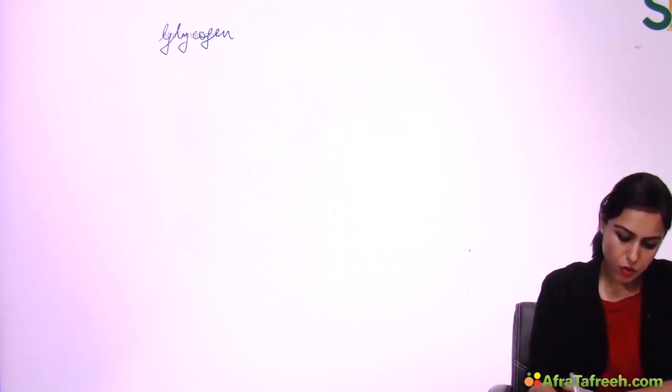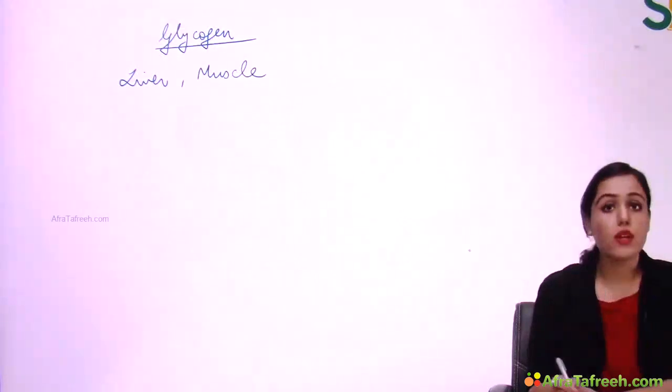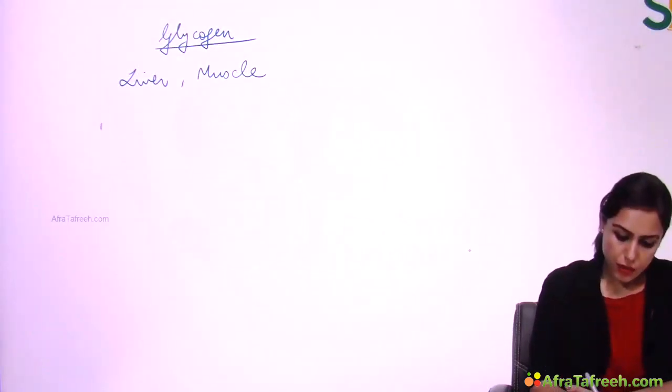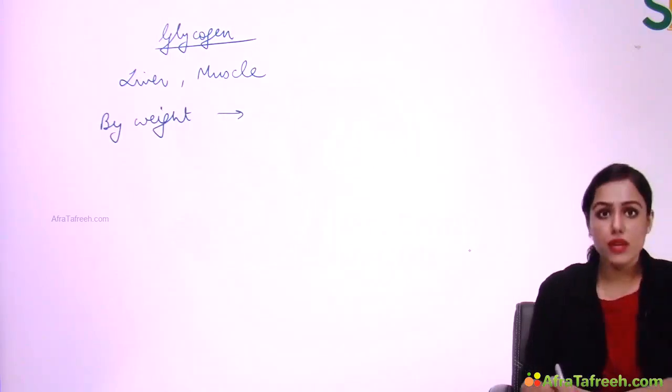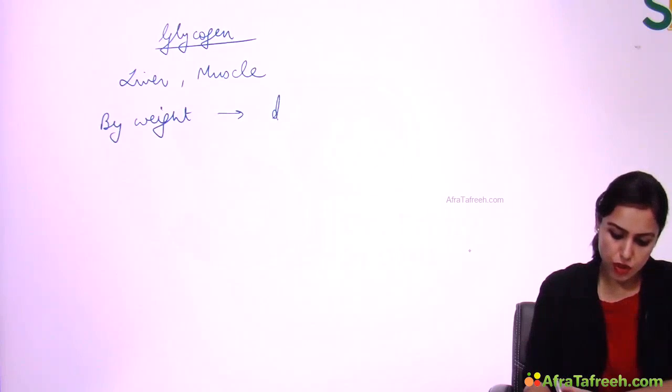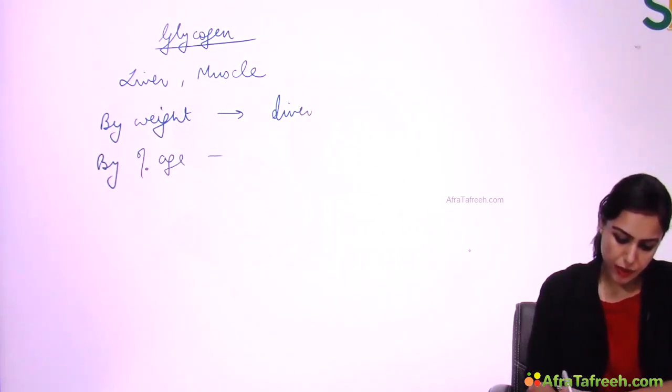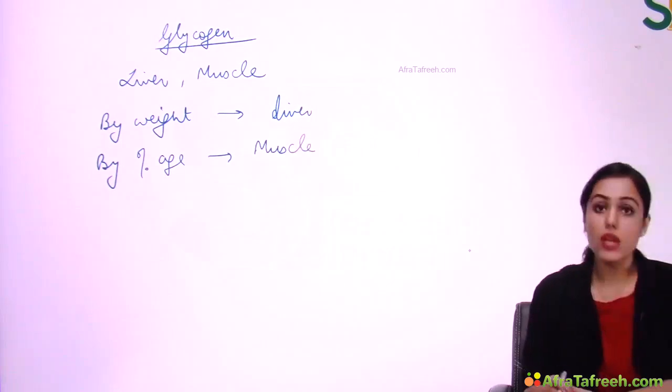Glycogen metabolism occurs in two organs, liver and muscle. Glycogen is stored in liver and muscle. So tell me, by weight glycogen is more in liver or muscle? By weight glycogen is more in liver, and by percentage, if they ask you, glycogen is more in muscle.